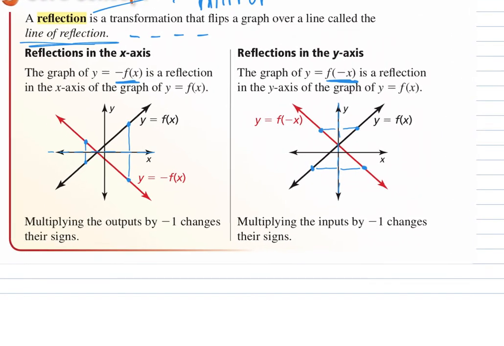Now, the easy way to remember this, or to know what to do, is you're just multiplying the outputs by -1, which changes their signs, or you're multiplying the inputs by -1, which changes their signs. Once we do an example, it makes a lot more sense, but I do want to point out the actual concept of this part of the lesson.